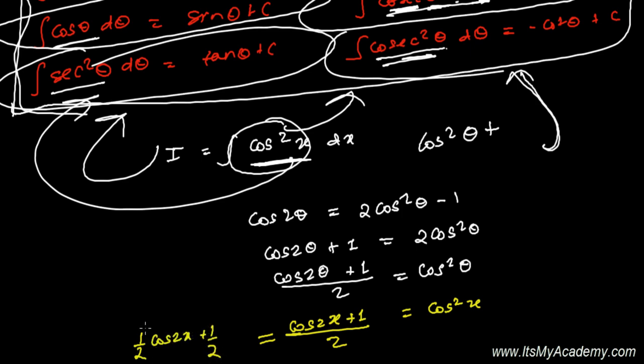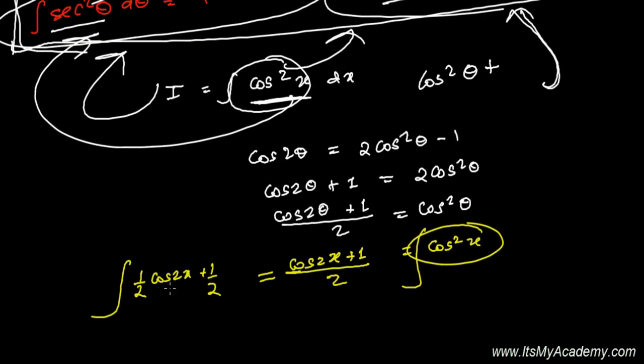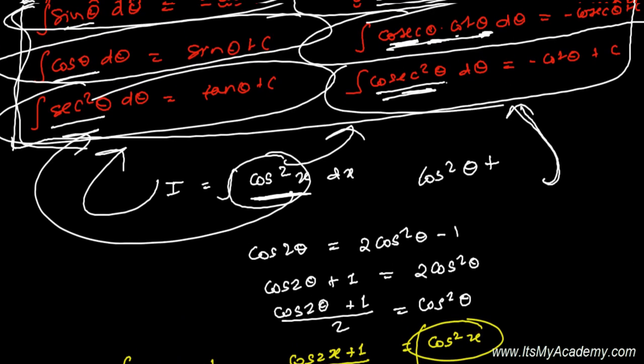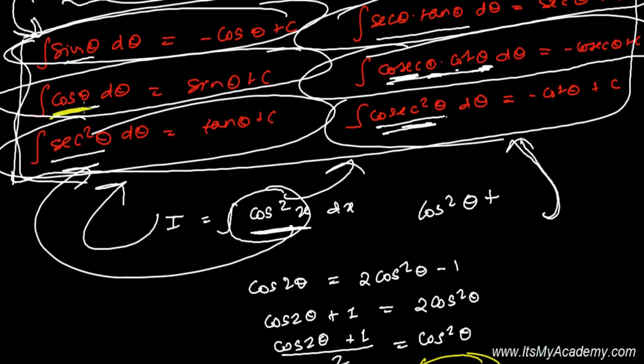Now cos square has been converted into this. Integration of cos square is not possible directly, but integration of this is very easily possible, because I can write the 1 by 2 outside, and then it is the integration of cos of a certain angle, and I have the direct formula for that. That was the trick. Did you get it?